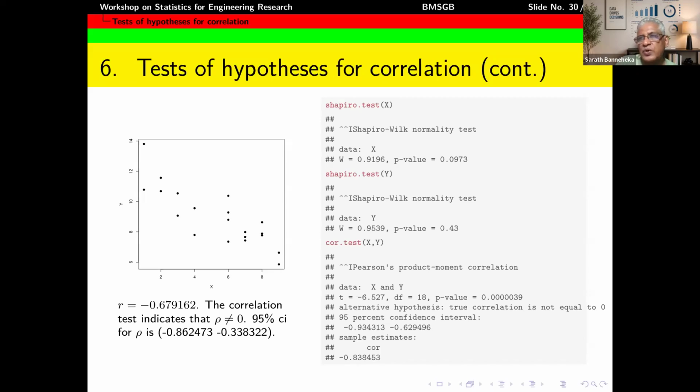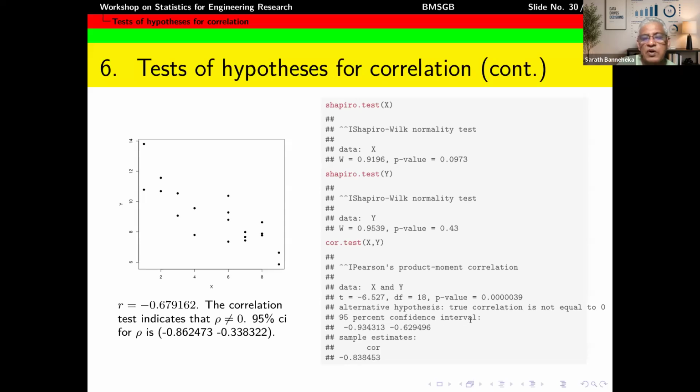To get some idea about that, we usually calculate a confidence interval for the population correlation coefficient. Now we know that it is not zero, but what can the value be in the population? So the computer gives us a confidence interval.